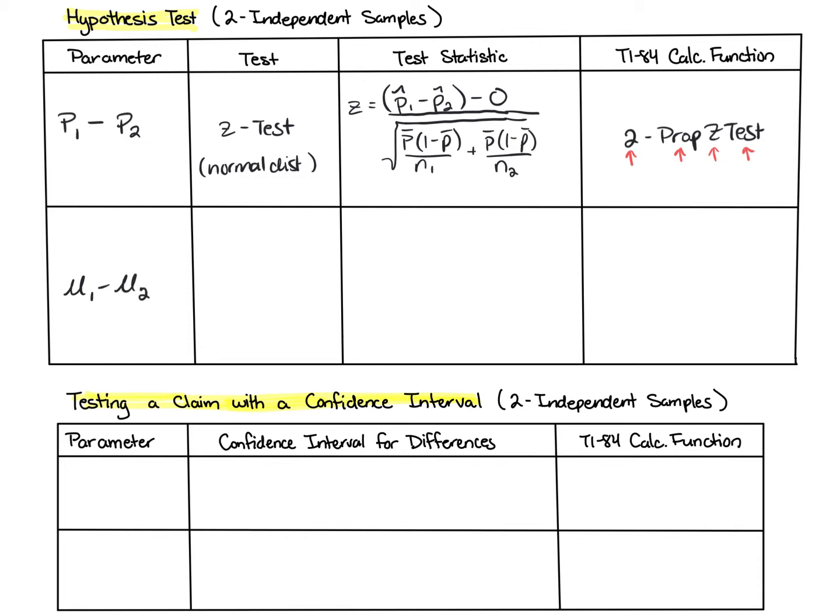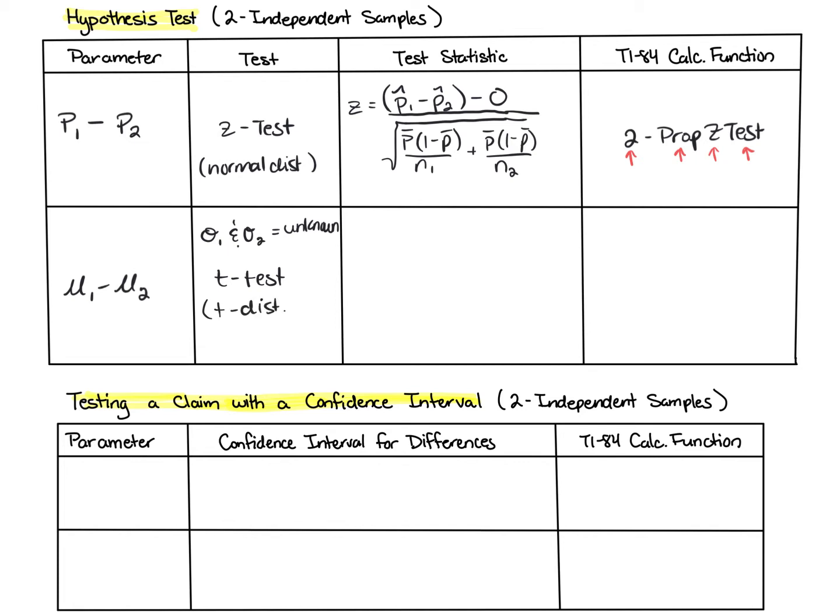Typically, because we don't know the population means, it's very unusual for us to know the population standard deviation, which is sigma, for both populations. So typically, these two values are unknown. So anytime we don't know the population standard deviation sigma, we're always going to use a t-test.